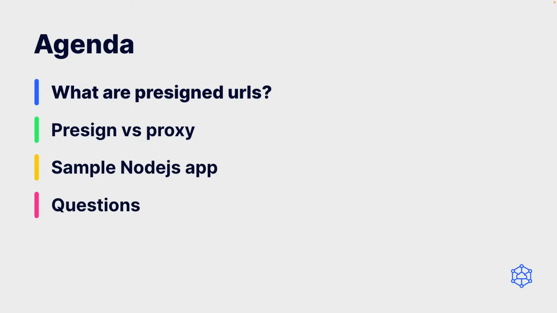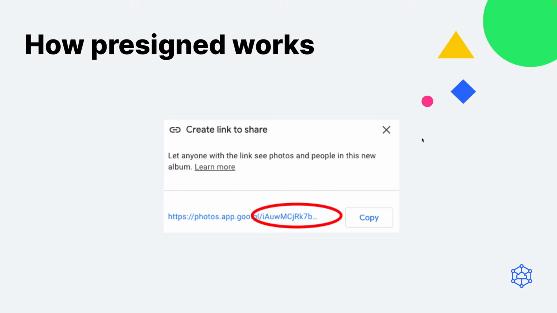What I want to talk about today is what are presigned URLs. And then we will talk about presigned versus proxy, and then we will build a sample Node.js app using presigned URLs.